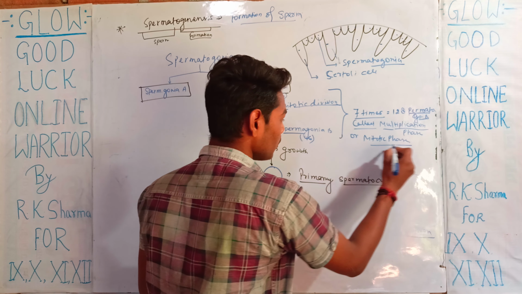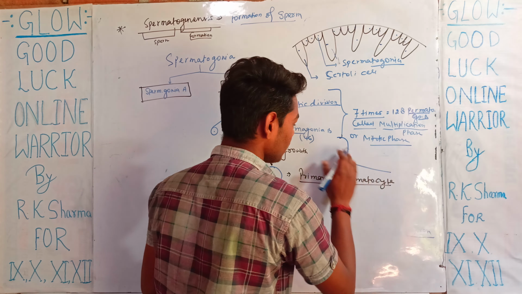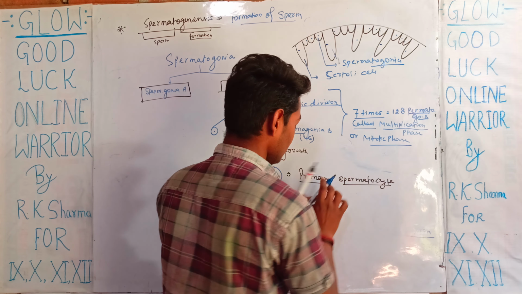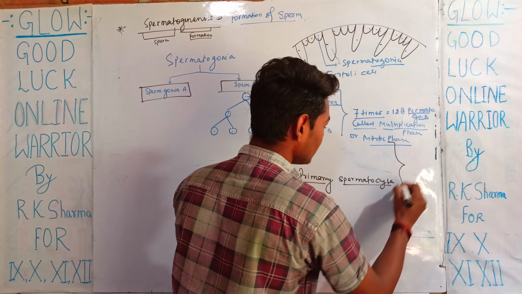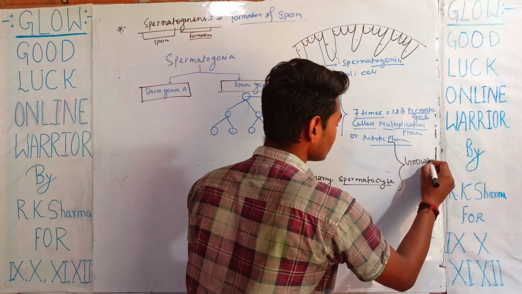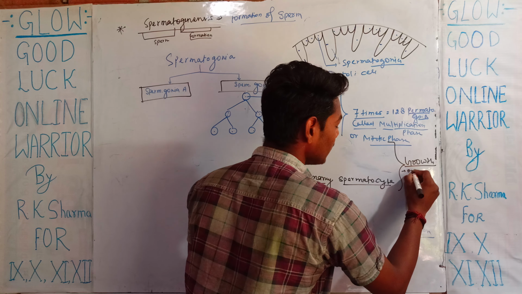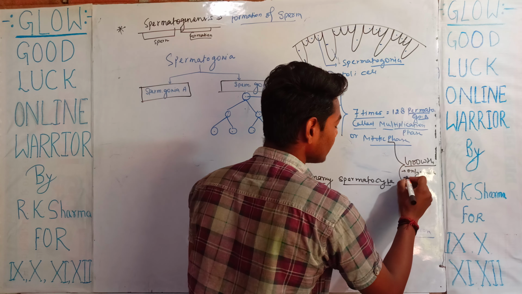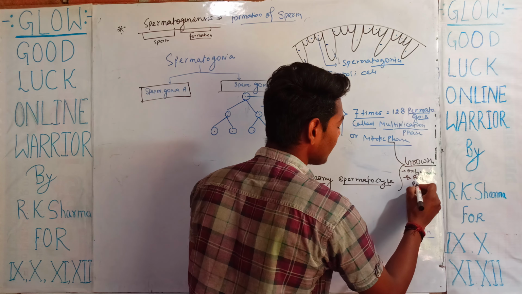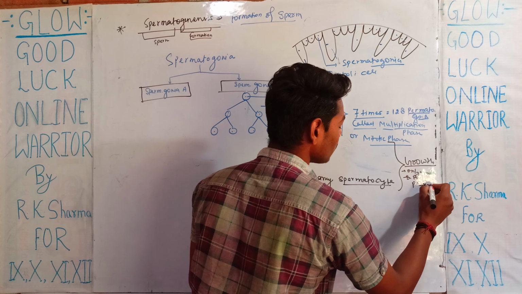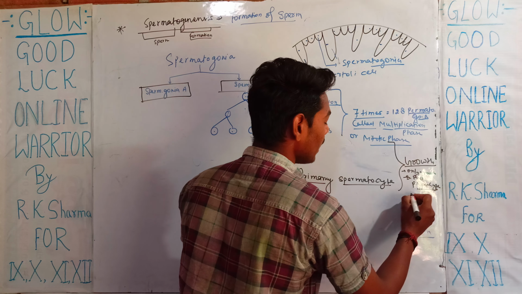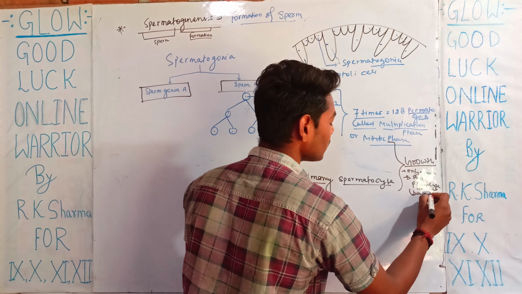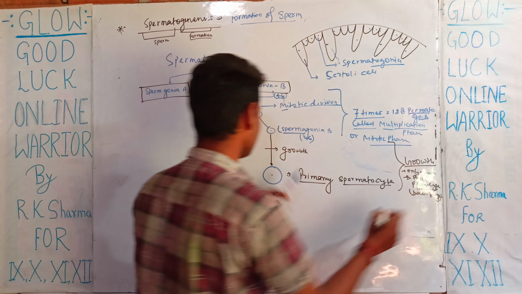So this phase is known as the growth phase. In this phase only growth occurs and it forms the primary spermatocyte, which becomes larger because the size is large.